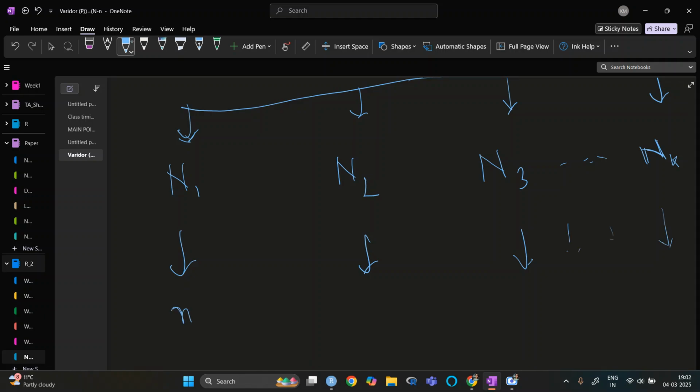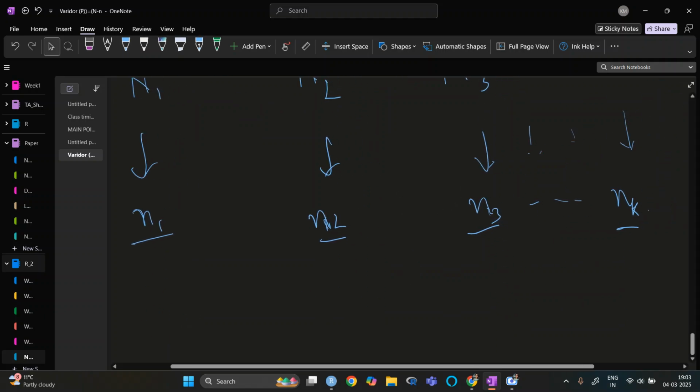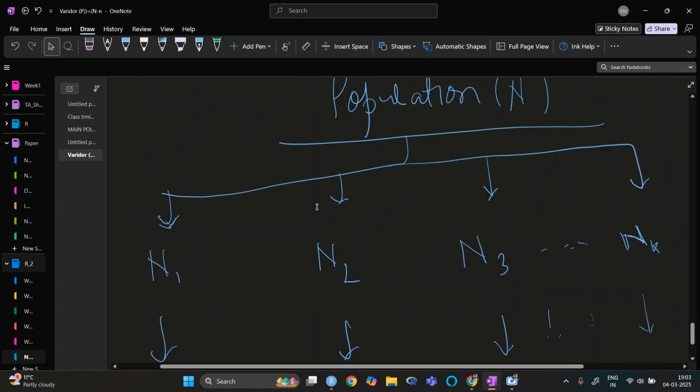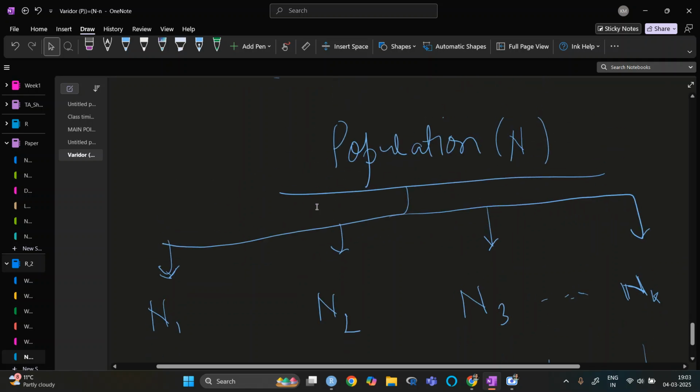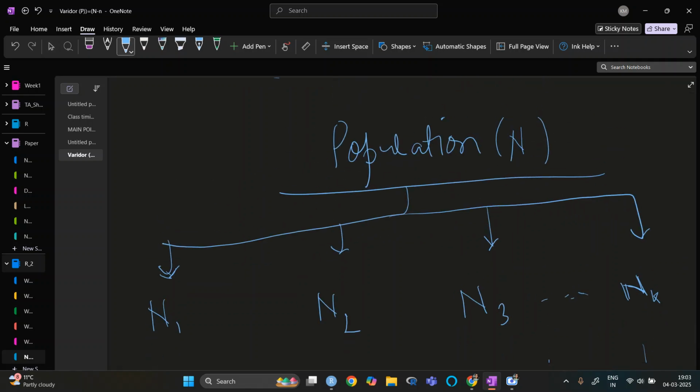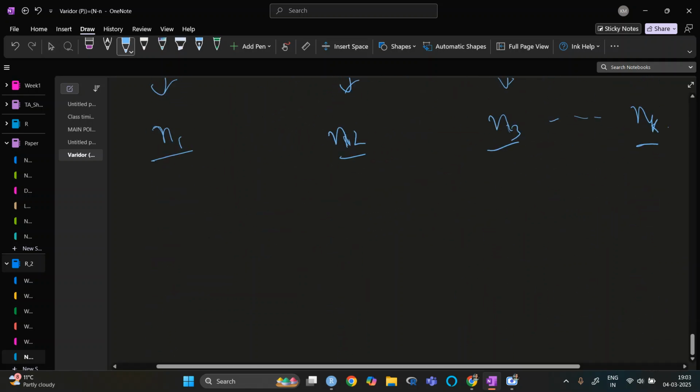So from here, let's say I have n1, n2, n3, and up to a small nk. So these are the samples.